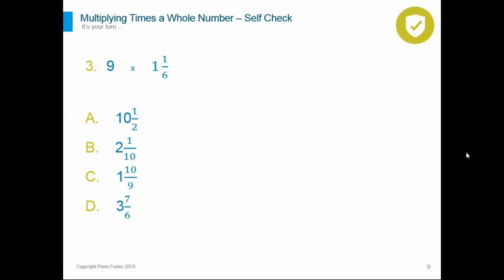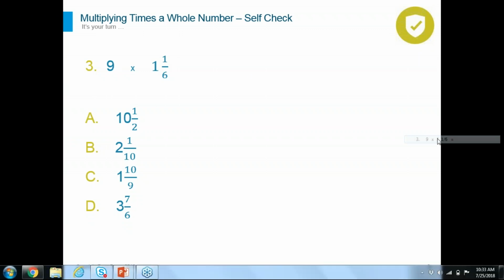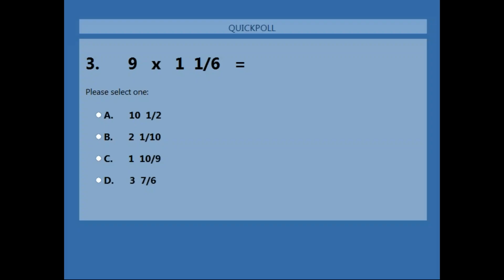Okay, let's look at the question again on the different screen. And please participate in this question and enter your answers. What is the product of 9 times 1 and 1 over 6? You need to rewrite the 9 as what? And you need to rewrite the mixed number as what?